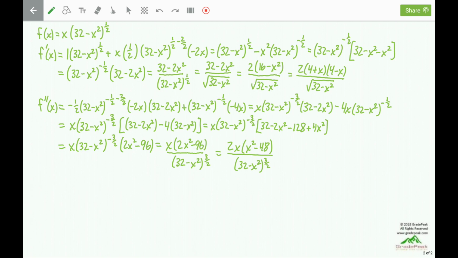X squared minus 48 is a difference of squares if we think of 48 as the square root of 48 squared, because 48 is not a perfect square.